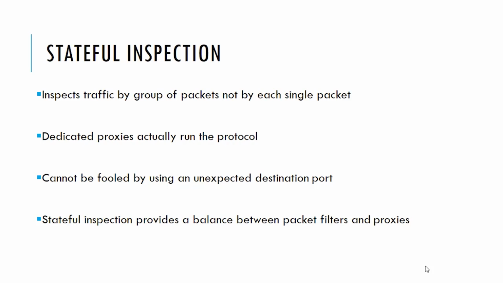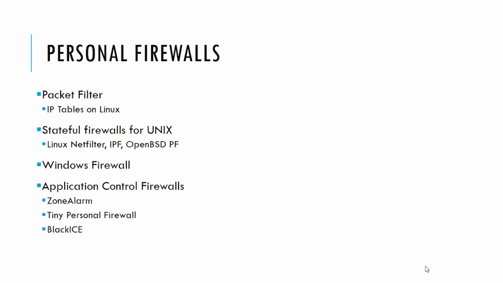Stateful inspection provides a balance between packet filtering and proxies. It is not so slow, it is not so fast, and it is not the best performance, but it is an acceptable performance and a good choice in most cases.